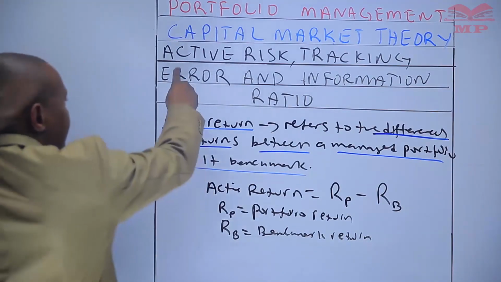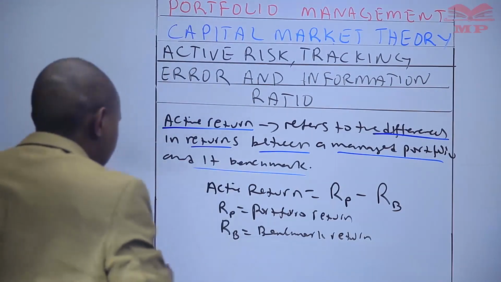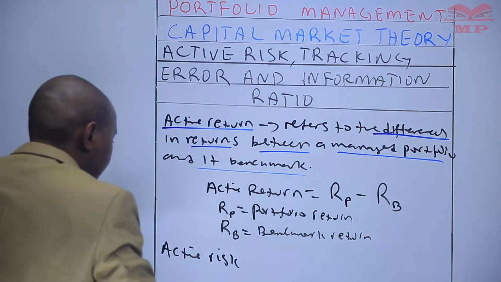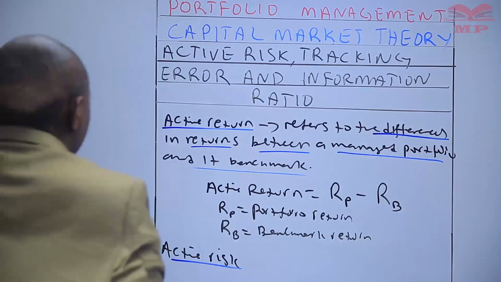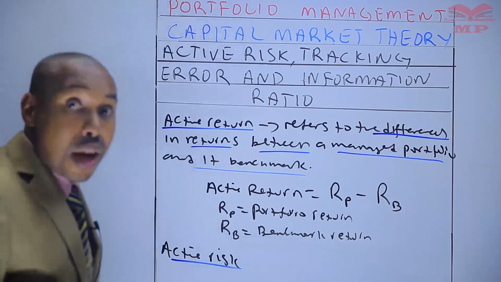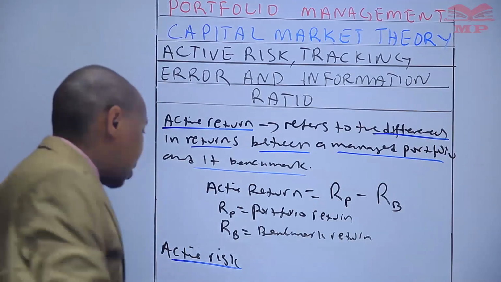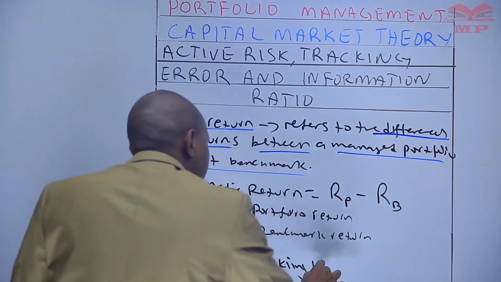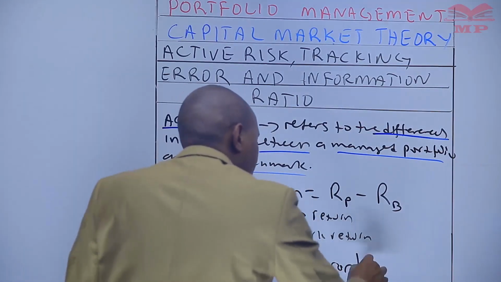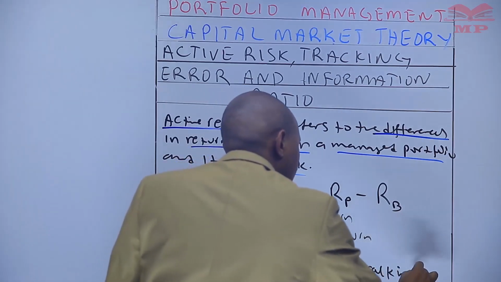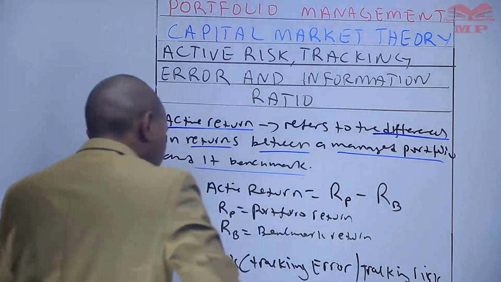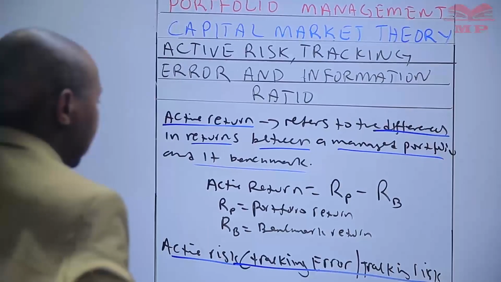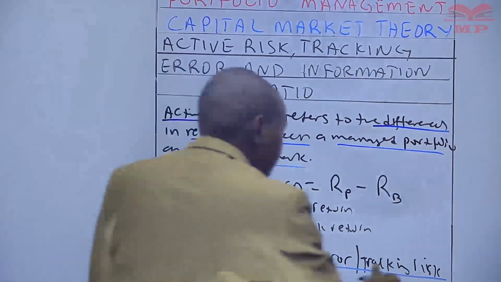What then is active risk? Active risk is also termed as tracking error, or tracking risk. So we extend that line to refer to it as the same thing.